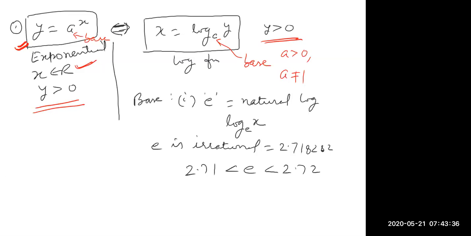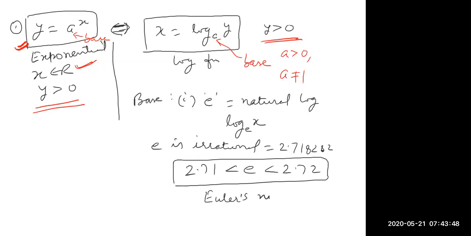That is all. This is known as Euler's number, basically. e is called Euler's number. How to calculate it is not required now. You must have this information, that is sufficient.